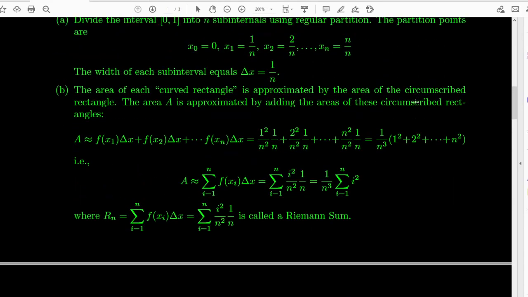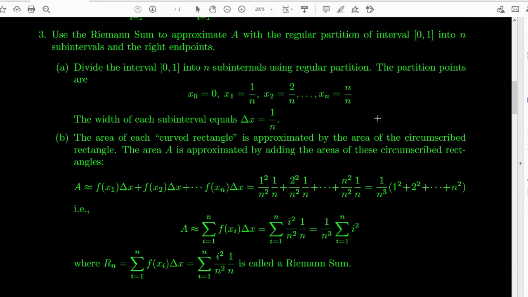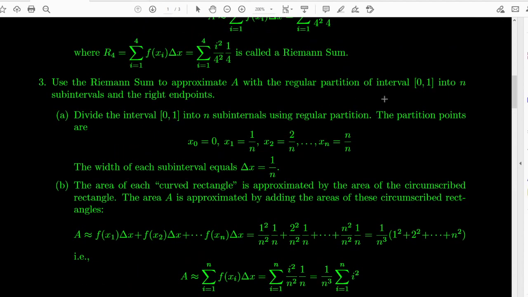Okay. Now we're going to generalize. Instead of using n value of 4, we are going to generalize to any n value. To form the Riemann sum, again, I'm going to make more comments on Riemann sum. We're going to use a Riemann sum to approximate the value of A, which is the area of the curved triangle.